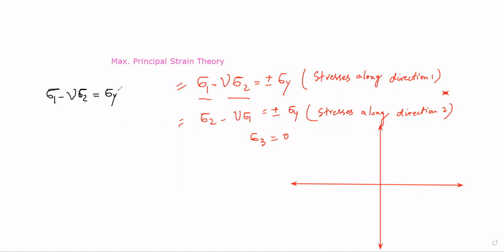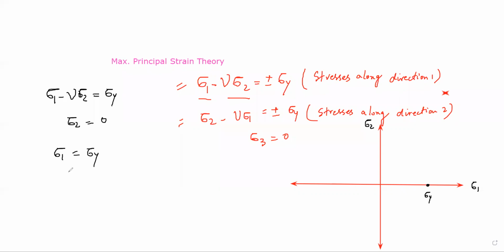This is an equation of a line. When sigma 2 is equal to 0, then sigma 1 becomes equal to sigma y. So the point is somewhere here. This is sigma y. This is sigma 1 axis, and this is sigma 2 axis.